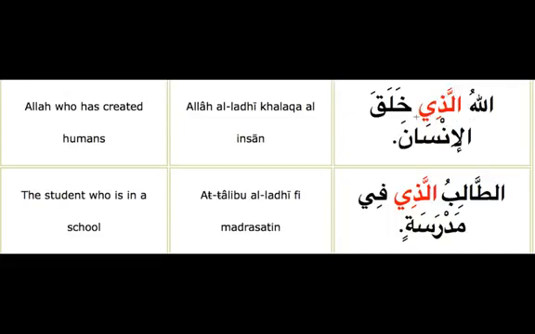But if you see here, allazi is ism mawsul, just connected to Allahu, who, and then we got khalaqal insana coming as a silatul mawsul, just describing that who created insan, humans. Allah who created man.